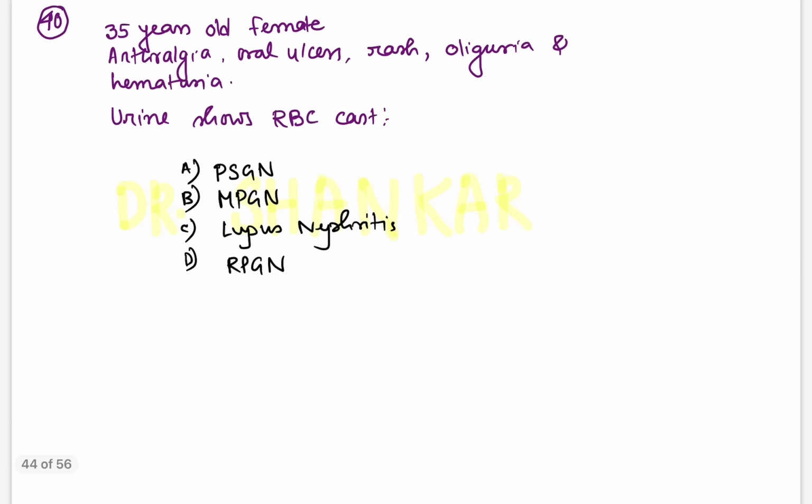Coming to question number 40, a 35 years old female has complaints of arthralgia, oral ulcer, rash, and now develops oliguria and hematuria. So a female patient with arthralgia, oral ulcer, and rash along with oliguria and hematuria.